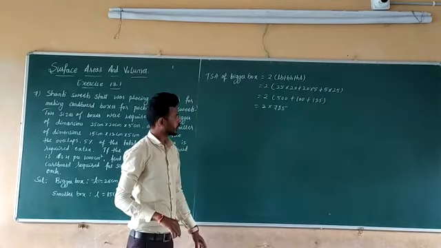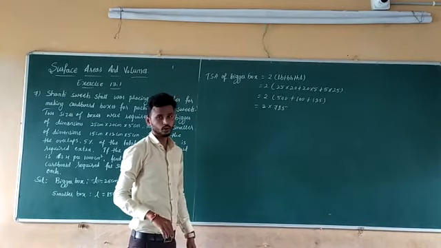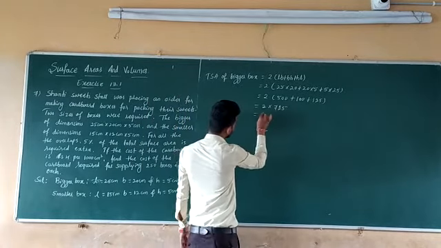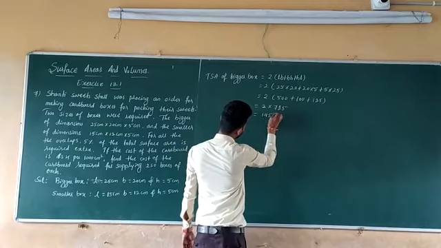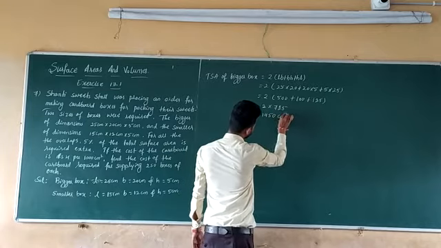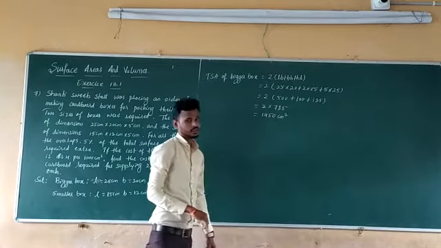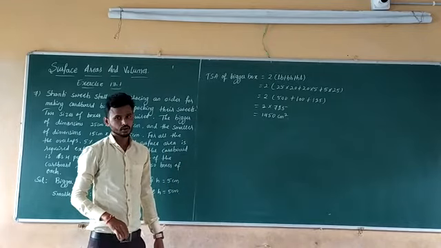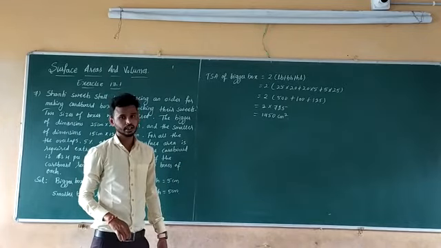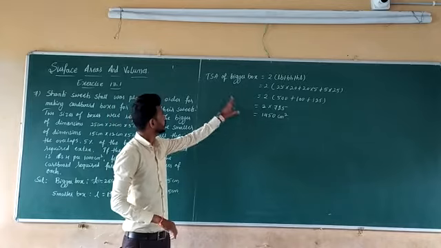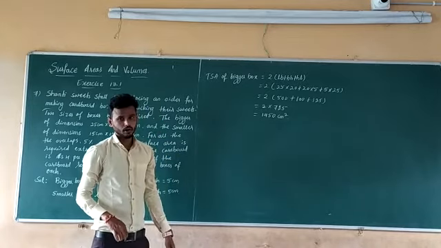So 725 into 2, how much you will get? 1450 centimeter square. This is the TSA of bigger box.